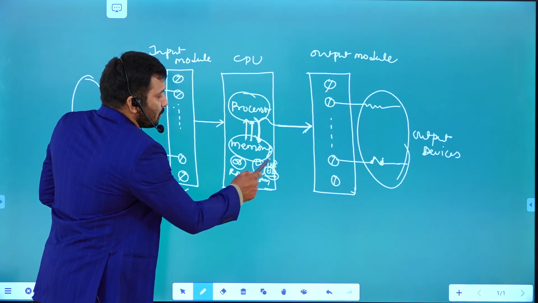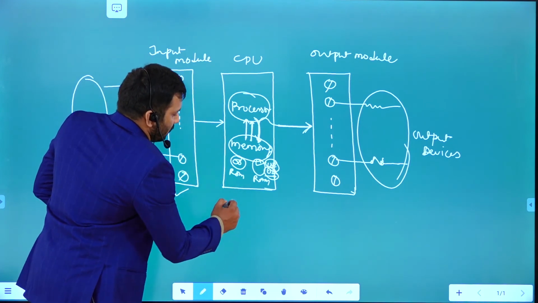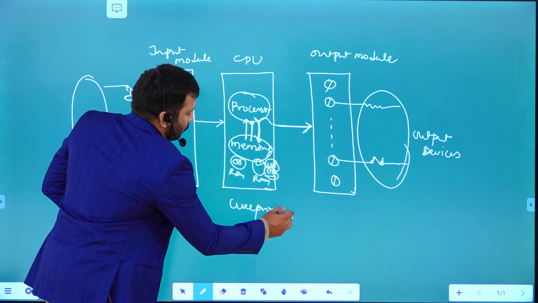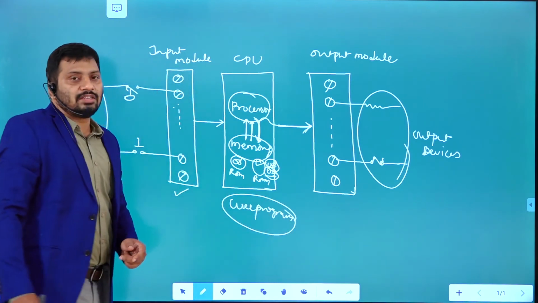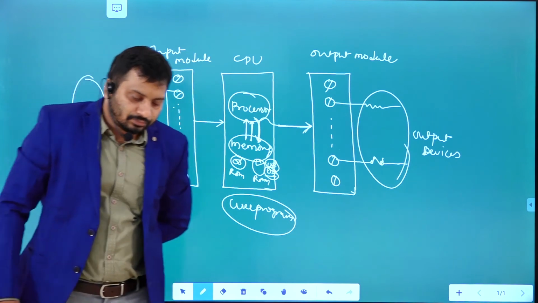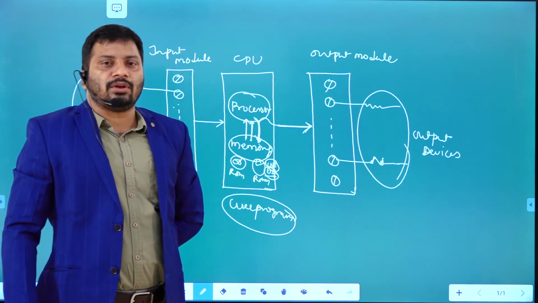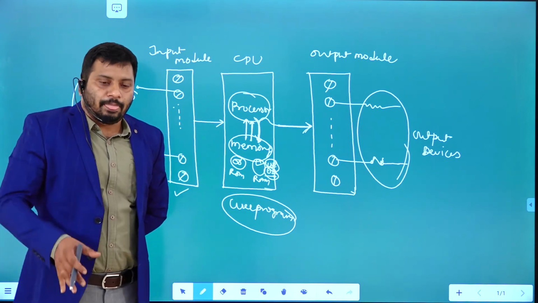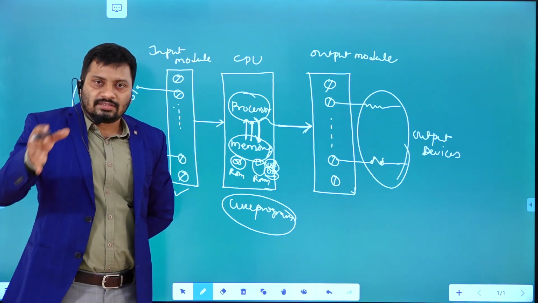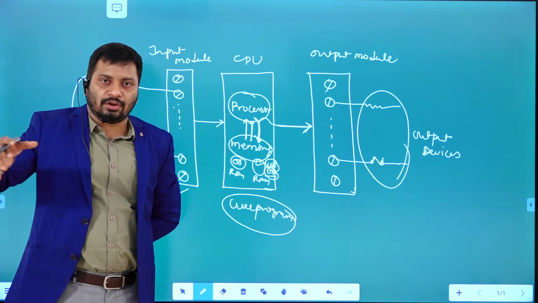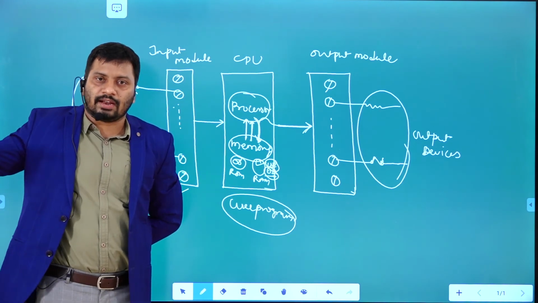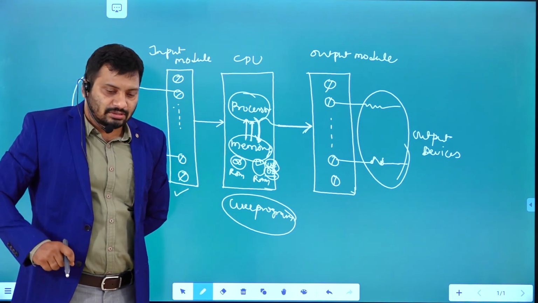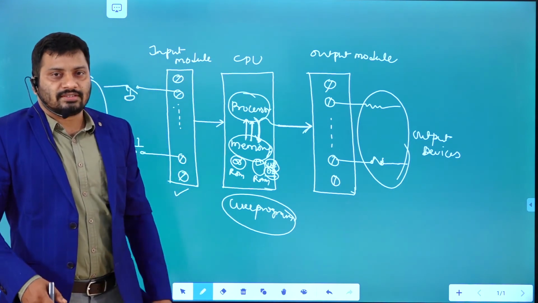The other thing is the user program, which you need to write. Here you are going to write the program in a graphical representation, that is, a ladder logic program.